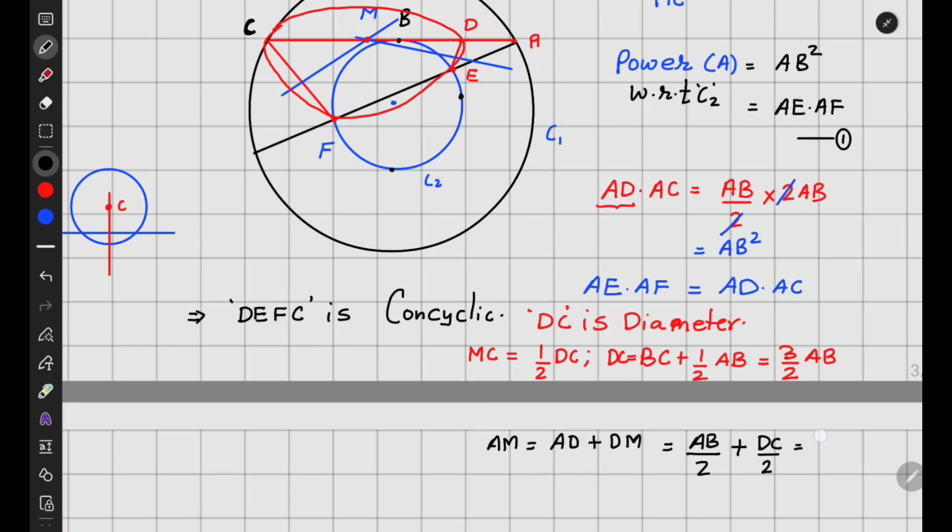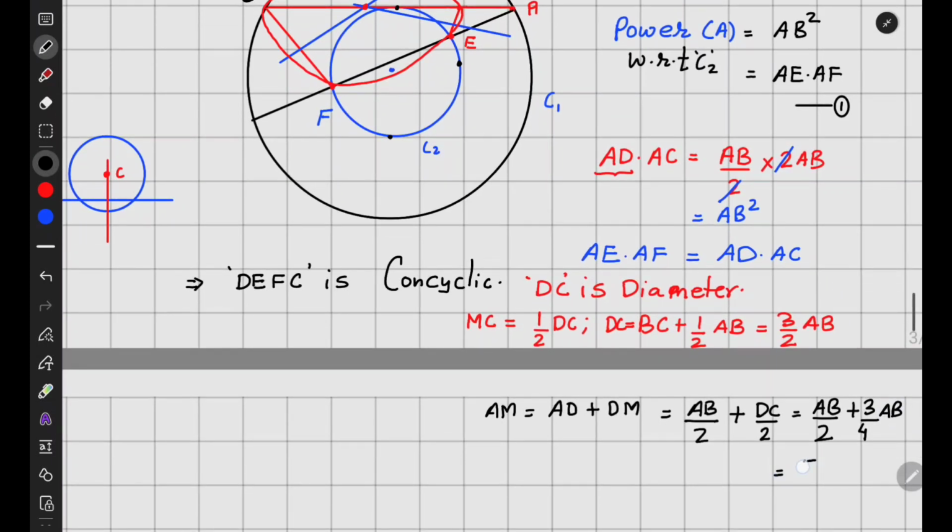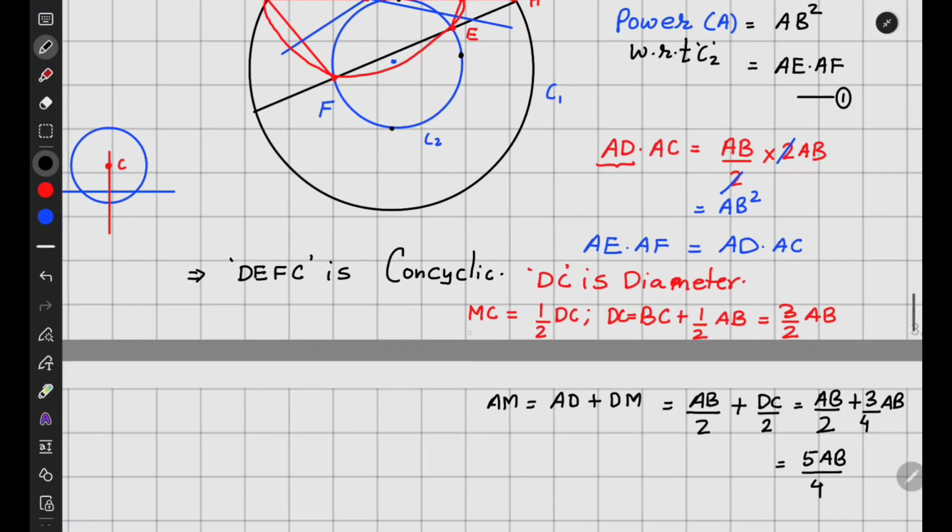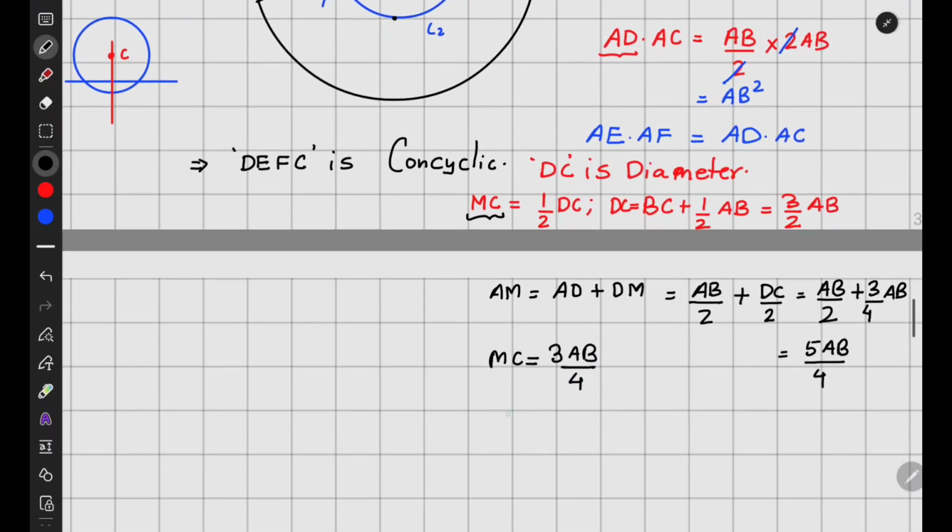So it will be AB by 2 plus 3 by 4 AB, and that will be 5 AB by 4, right? If we write, MC will be half DC, and MC is 3 AB by 4. Hence AM over MC is going to be 5 by 3.